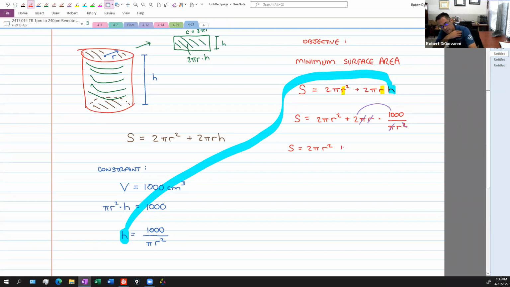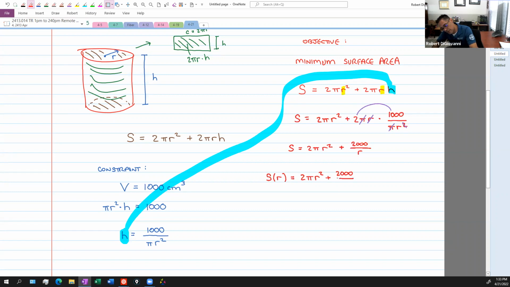So I'm going to have plus 2,000 over r. It's not terrible, right? And that is now, my surface is now a function of r. So I have it down to a single variable.